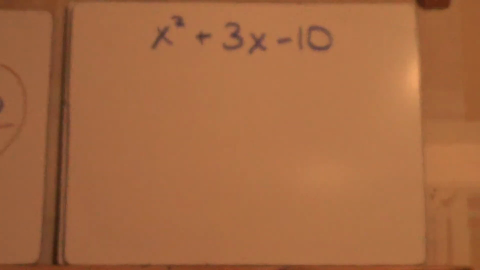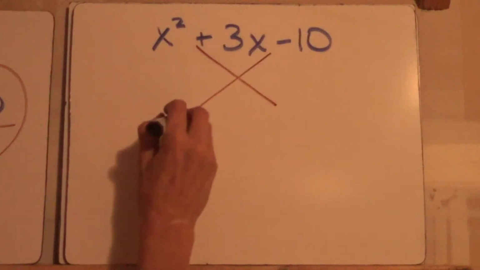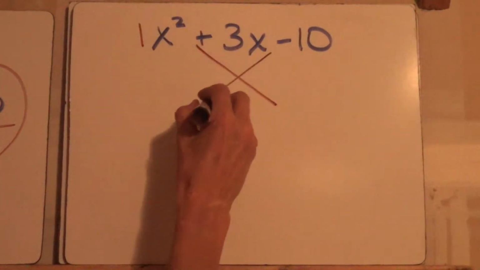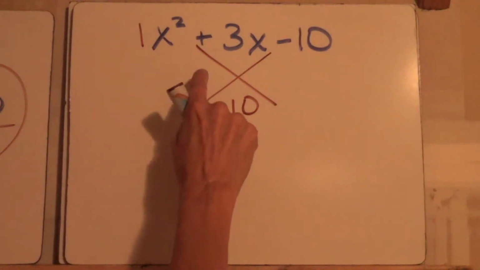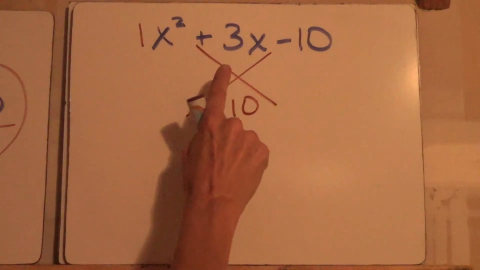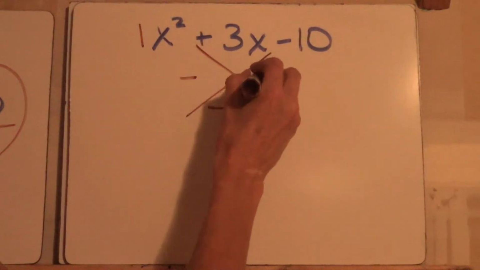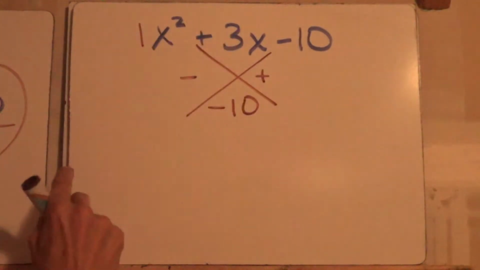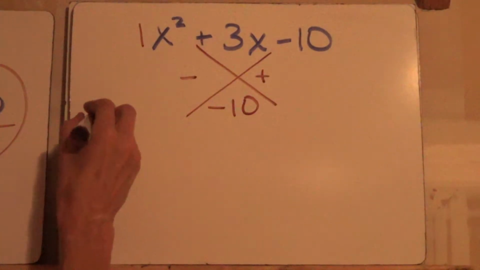Here's another 3-term. To convert it to 4-term, we again play the X game. Negative 10 times 1 is negative 10. Now, what 2 terms would multiply to be negative 10? Wait a sec, this is negative, so one has to be negative and one positive. No longer are we looking for 2 terms that add to be that top number. Now it would be subtract because their signs are opposite.